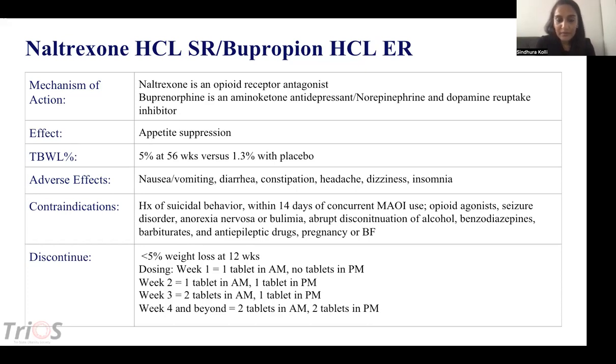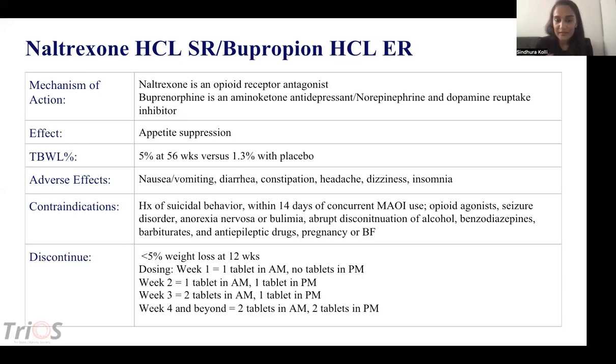The contraindications for naltrexone and bupropion are the same individually as well as in this combo pill. So any history of suicidal behavior, MAO inhibitor use within the last 14 days, and if they are using opioids, as naltrexone will inhibit that.